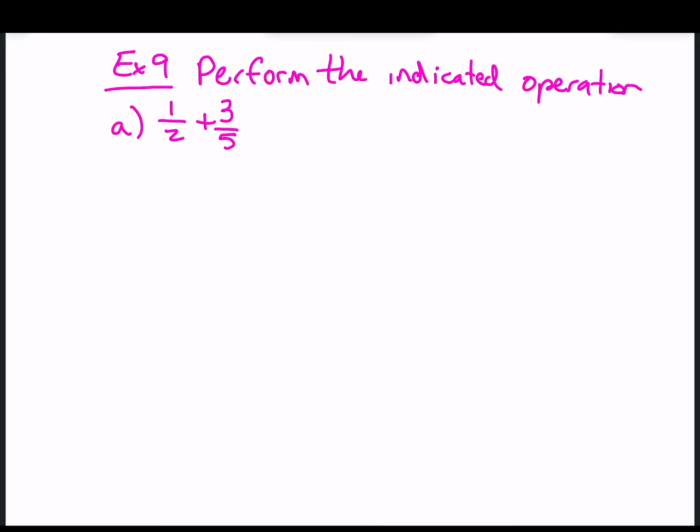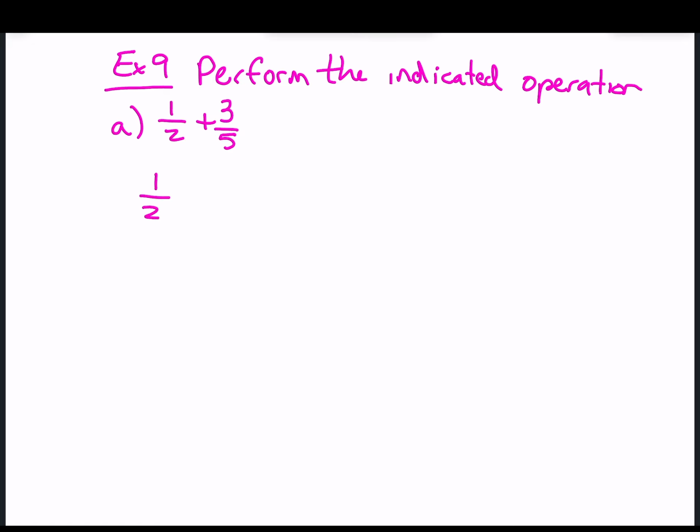First of all, notice that we don't have the same denominator. So we need to find the least common denominator between 2 and 5. So our multiples of 2 are 2, 4, 6, 8, 10, and 12, and so on. Multiples of 5 are 5, 10, 15, 20, and so on. The first time we get a match is when we have 10.